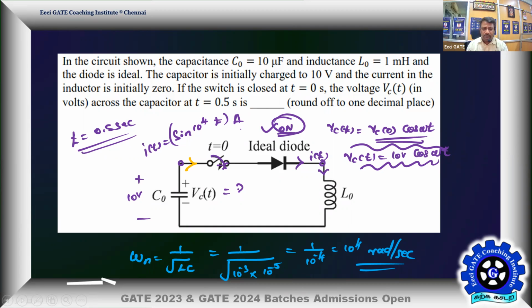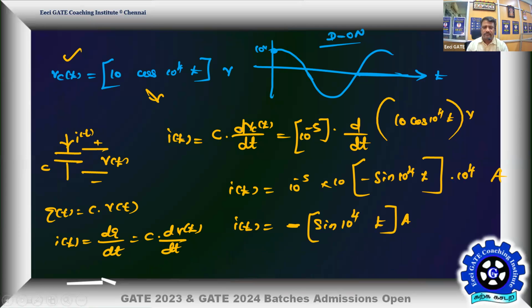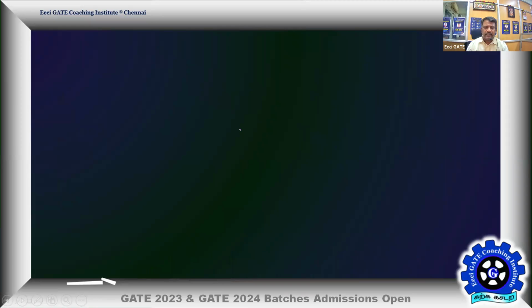So now let me plot both the waveforms. The actual current is taken. Now this is the capacitor voltage waveform.